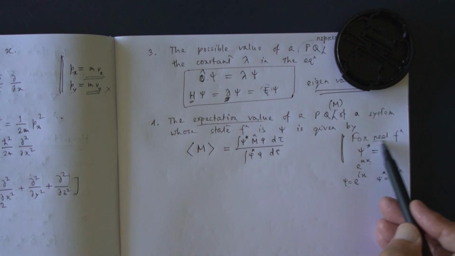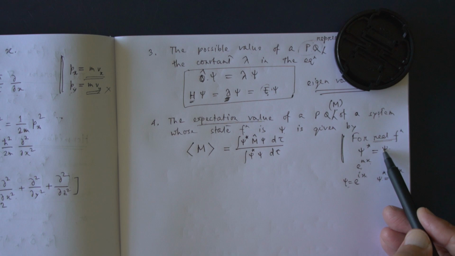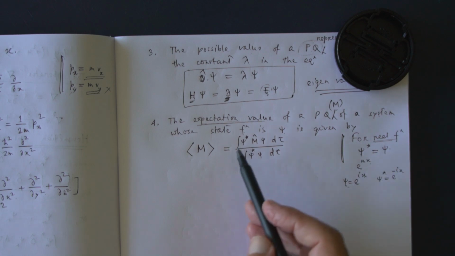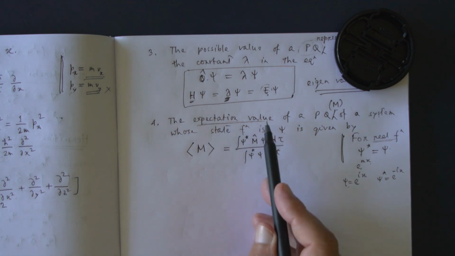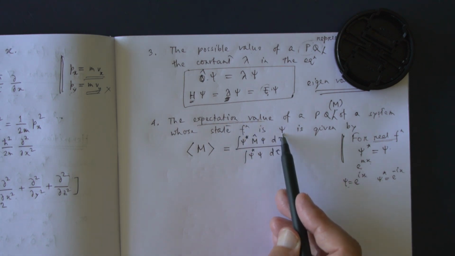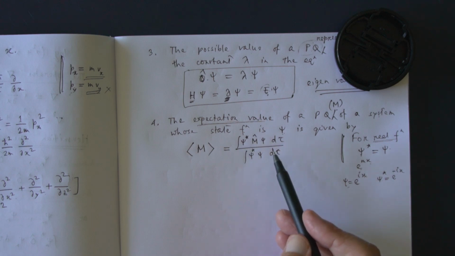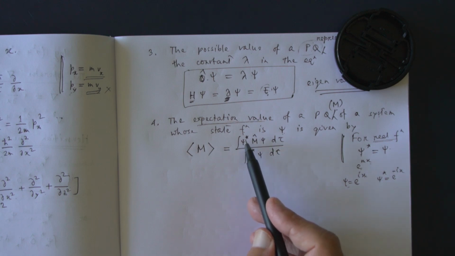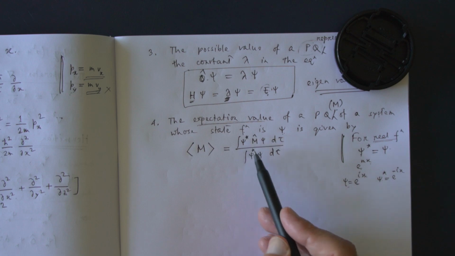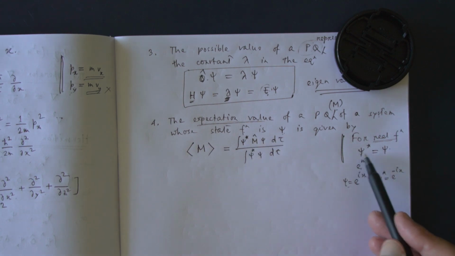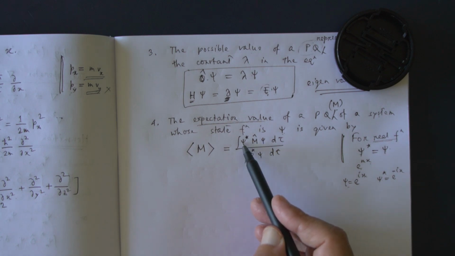But if the function is real, psi and psi star are the same, no difference. So if the function is imaginary, we have to write this, and if the function is real, we will write just psi. You can write like this, but since they are equal, we can write psi also.